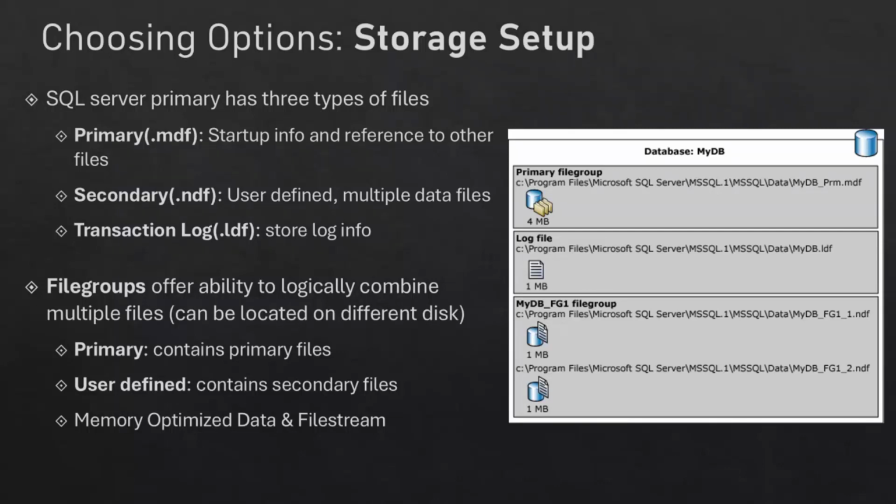There are other file groups which are used to manage memory-optimized data and FILESTREAM. This is a more advanced topic, with FILESTREAM and memory-optimized tables. So in general, this is how your storage setup looks for SQL Server. We need to understand this, and it is recommended that you have each file on a different disk.